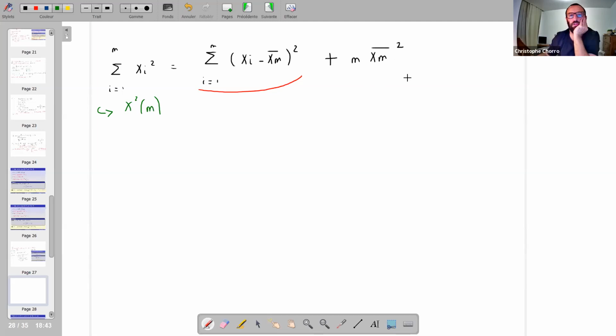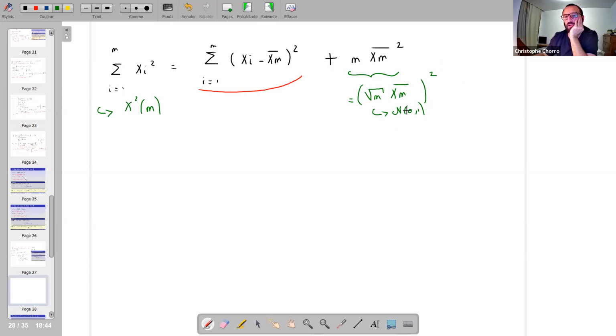What I know about the distribution of this last term is that it may be written as the square of the square root of n times Xn overline. But we have seen together that the square root of n times Xn overline follows N(0,1) in the case of independent N(0,1).